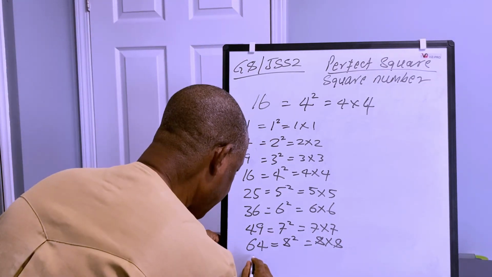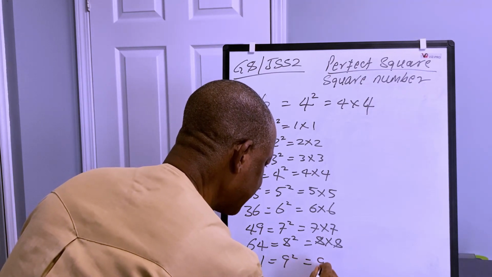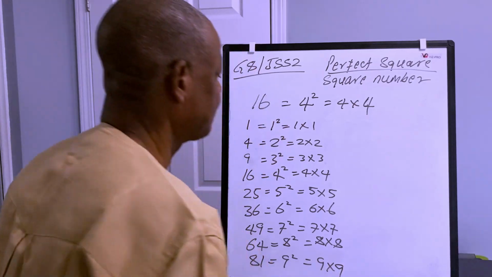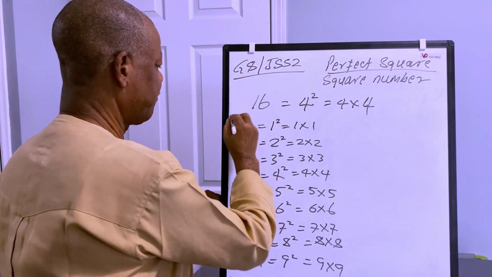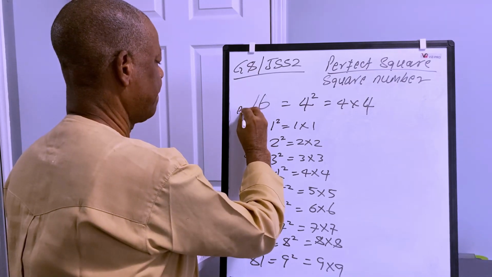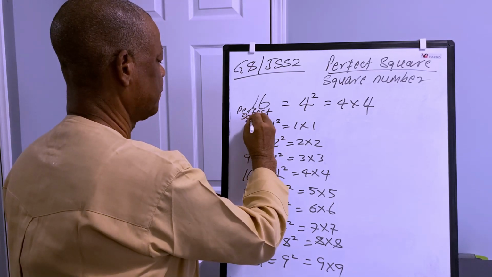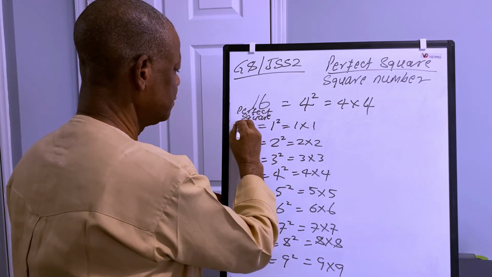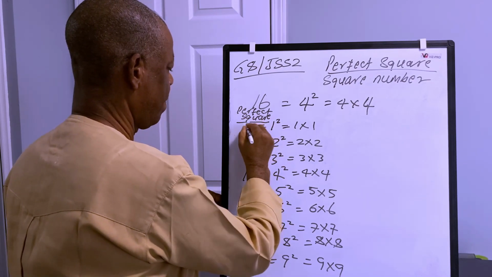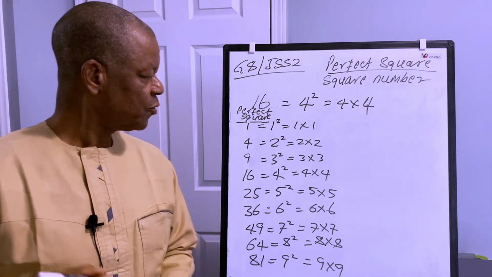We have 81, which is 9 square, 9 times 9. All these are perfect squares. These are perfect squares.